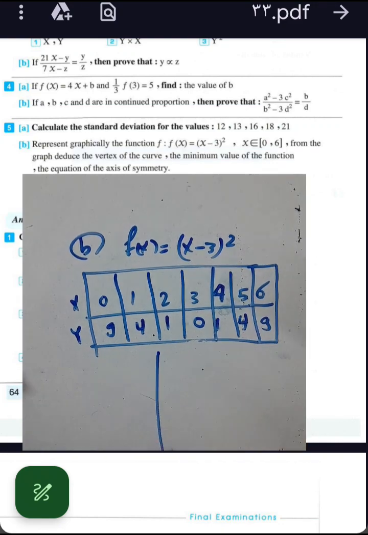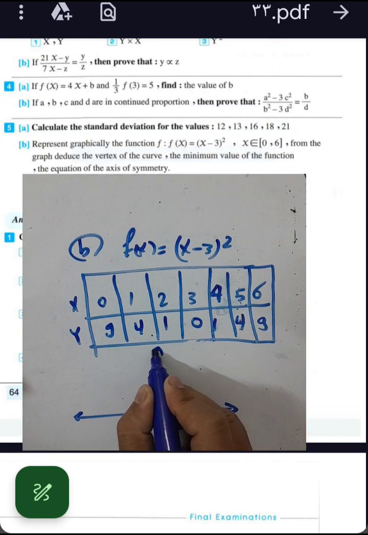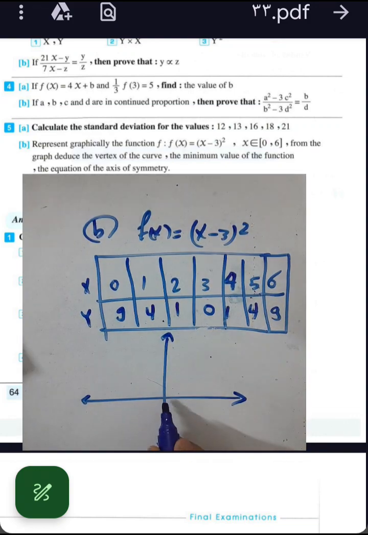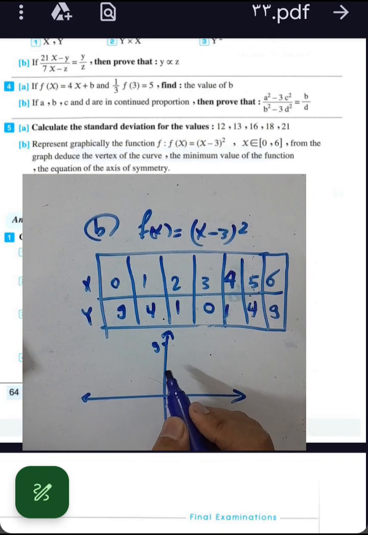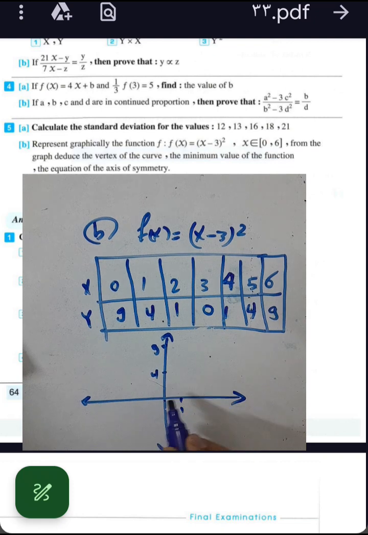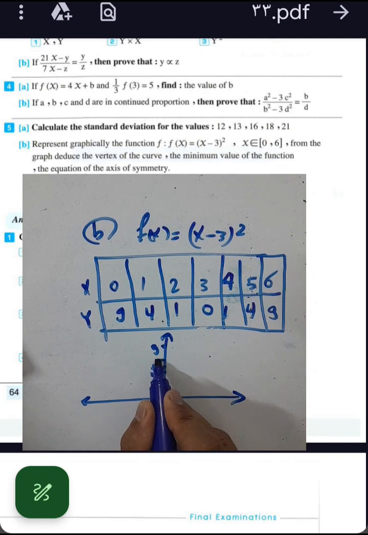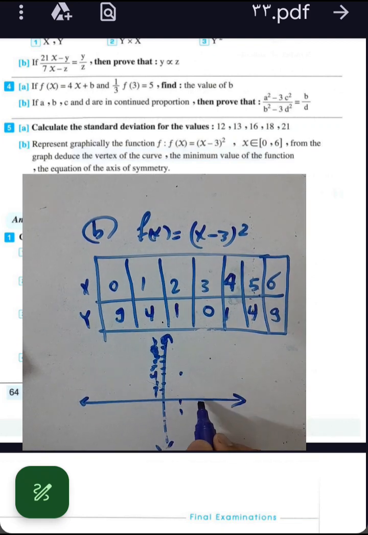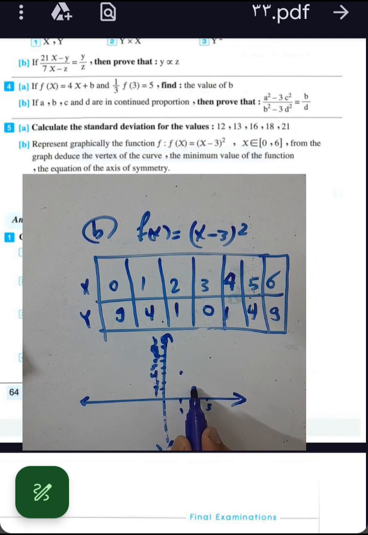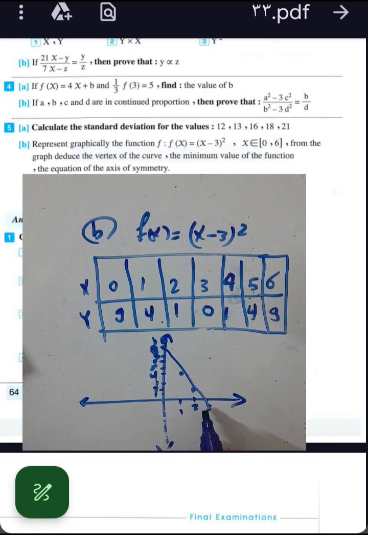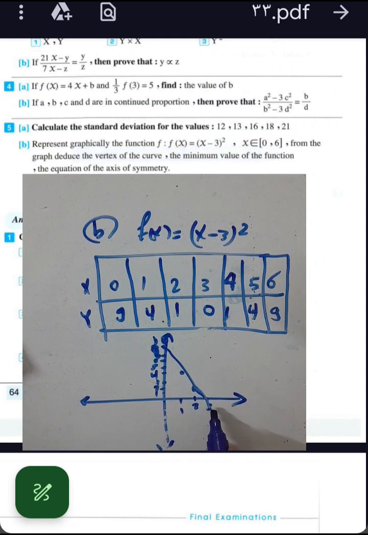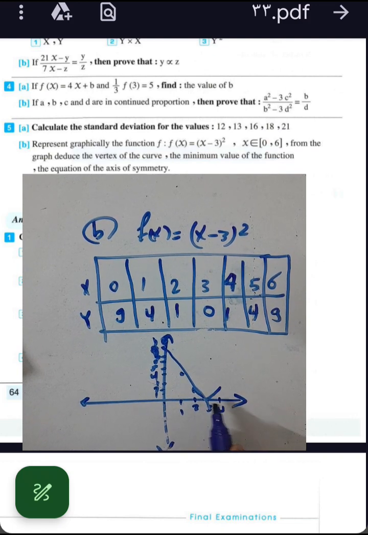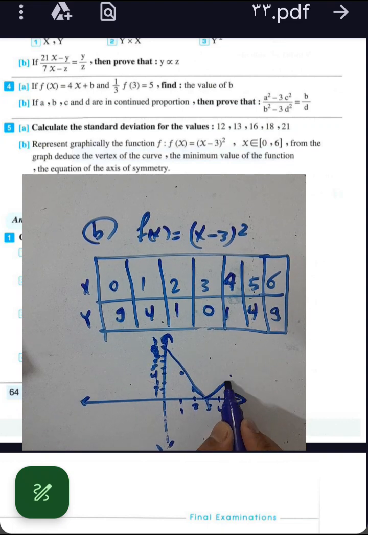And then you can draw the function here: 0 to 9, 1 to 4, 2 to 1, 3 to 0, 4 to 1, 5 to 4, 6 to 9.